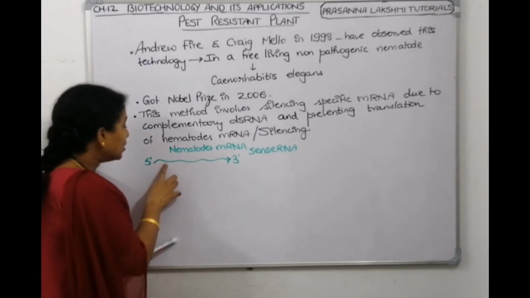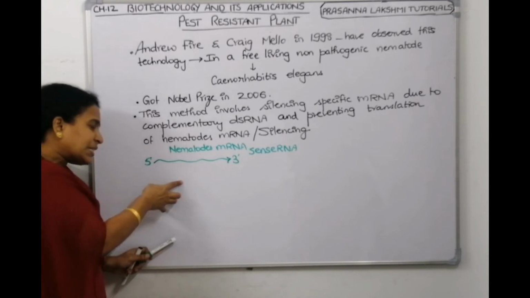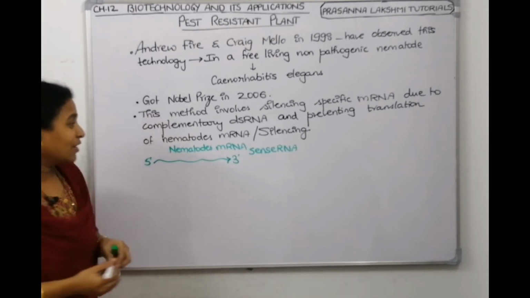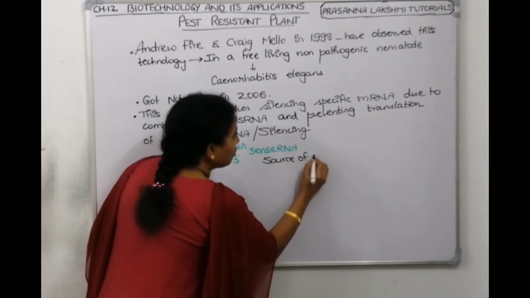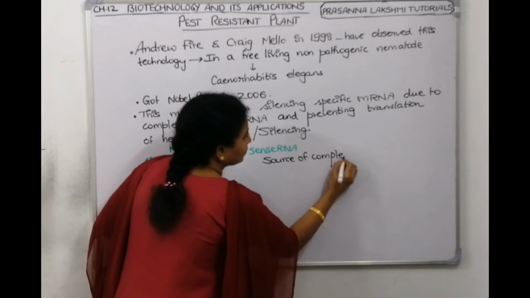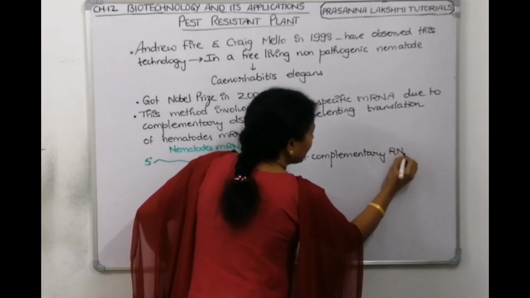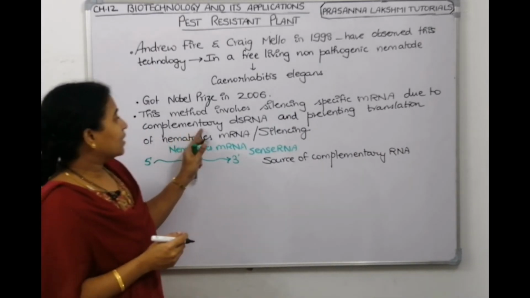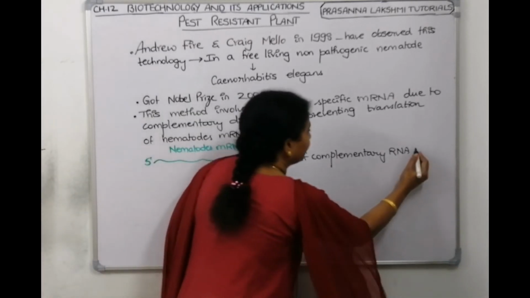If it is having GG, you should get an RNA which is having CC. To convert the single-stranded RNA into double-stranded RNA, you need a complementary RNA. Where is the source? That is the question.